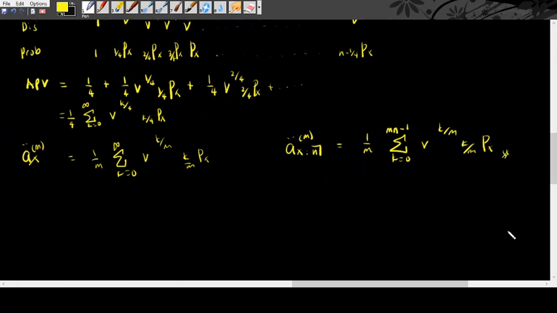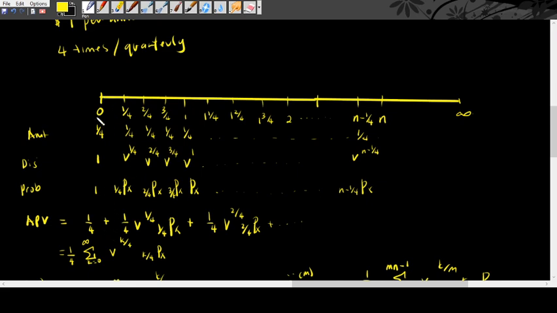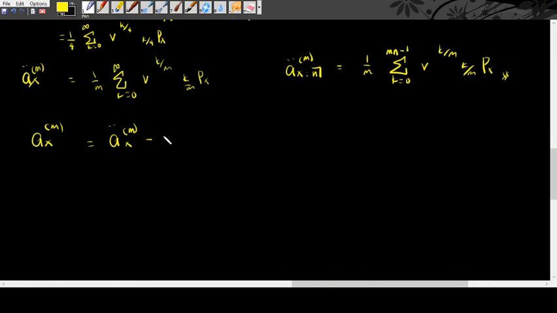If you want to look into the annuity immediate, a_x^(m) is equal to ä_x^(m) minus the first term, because that will be the only difference between whole life immediate and whole life due. The rest will continue forever until infinity. So it will be minus 1 over m.